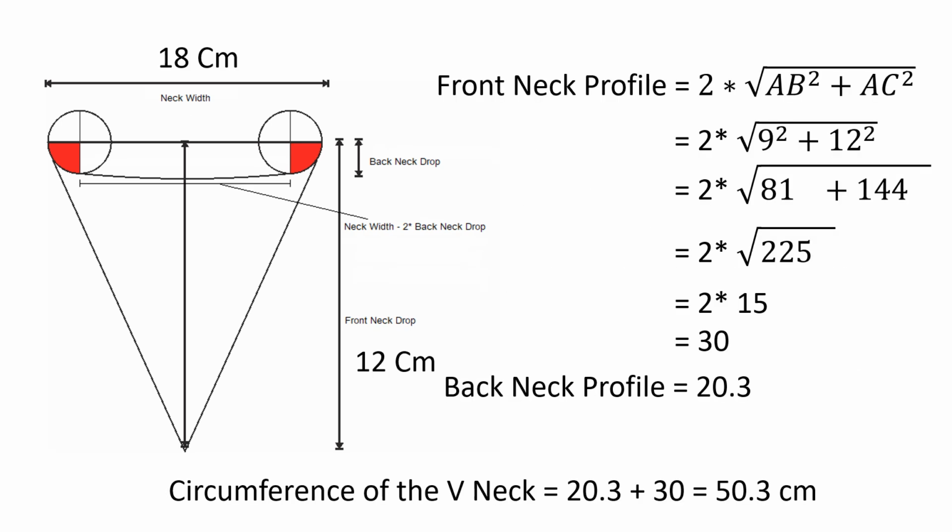Calculating an example mathematically. If the neck width is 18 centimeters, the back neck drop 2 centimeters, and the front neck drop 12 centimeters. The front neck profile length is 2 times the square root of the sum of the square of half the neck width and the square of the neck drop.